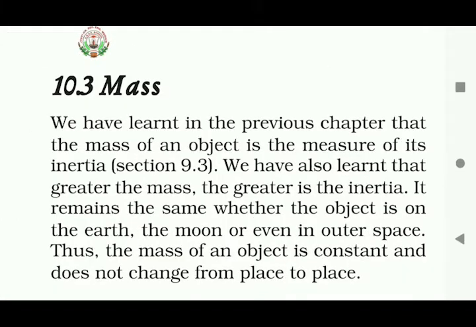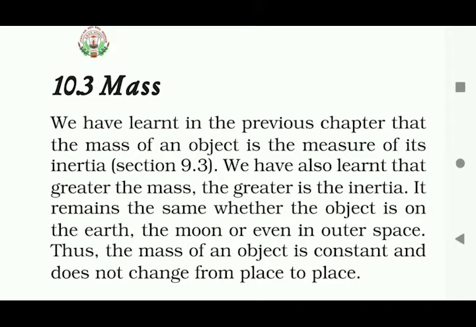Let us move to our next topic, that is mass. What is mass? The mass of a body is the quantity of matter contained in it. I repeat, the mass of a body is the quantity of matter contained in it. It is a scalar quantity because it has only magnitude, no direction.